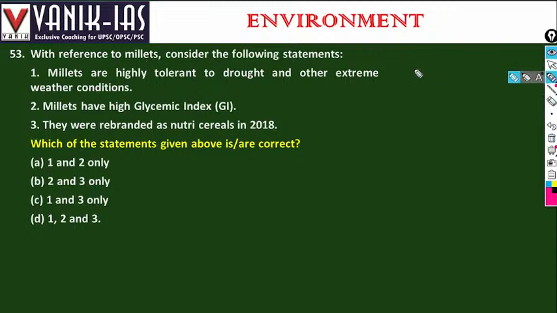With reference to millets, consider the following statements. Millets are highly tolerant to drought and other extreme weather conditions. Yes, that's why millets are famous, because they are drought resistant. Okay.